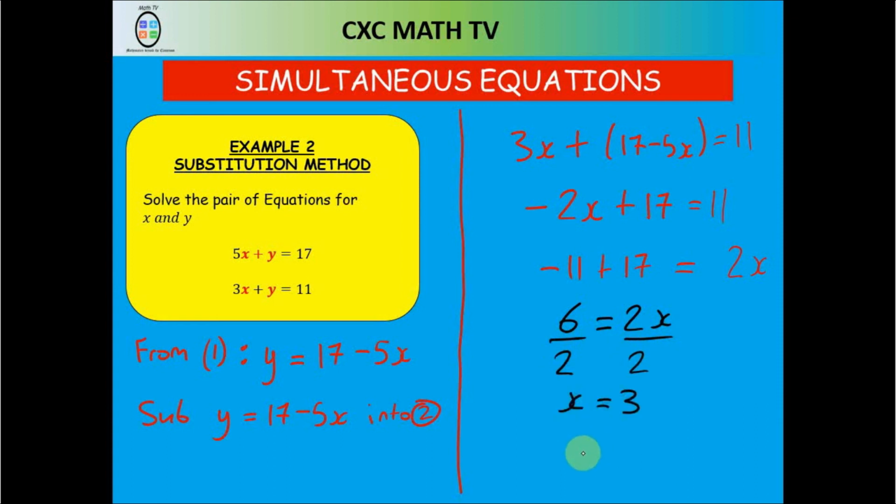And so we just need to divide both sides now by 2, and that will give us x equal to 3. Once we get x equal to 3, remember we can then substitute x equal to 3 into any one of the equations. I will substitute x equal 3 into equation 2. So we're going to get 3 times 3 plus y equal to 11.